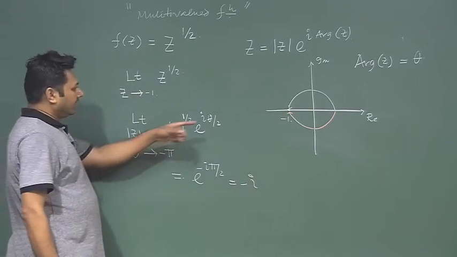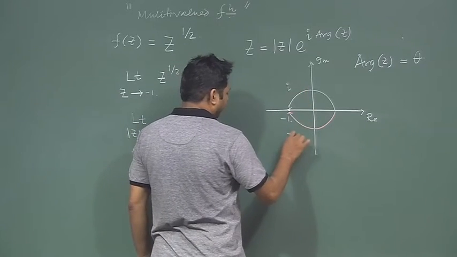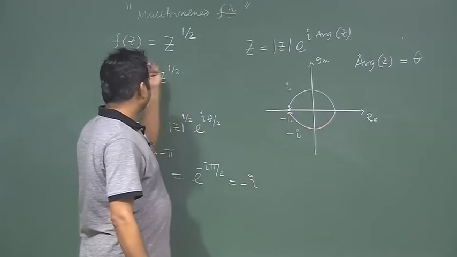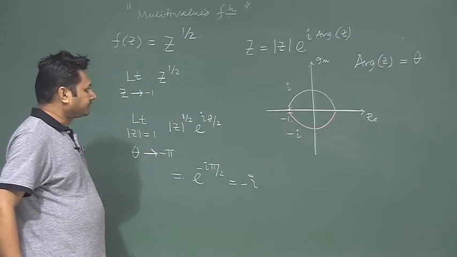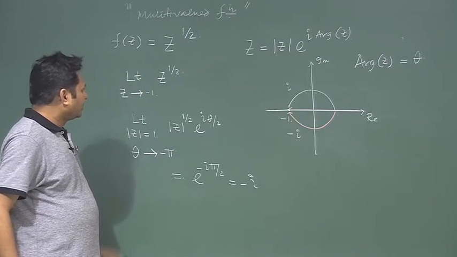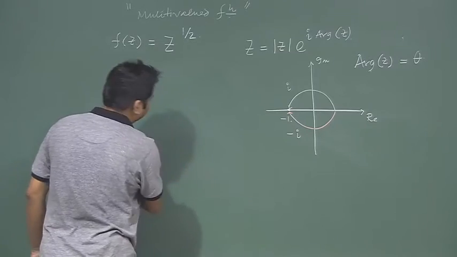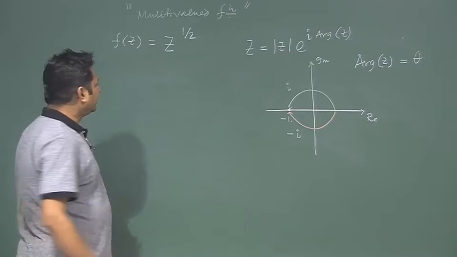That means, from this approach the value of the limit is i, and from this approach the value of the limit is minus i. So, that means if I try to find out the continuity of the function at that particular point, we will find that the continuity is not there, there is a discontinuity.